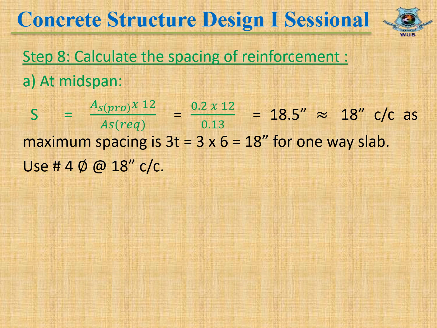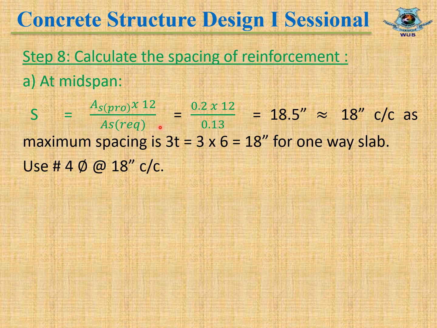Now we need to calculate spacing for steel area. At mid span, steel area equal to 0.13 inch square, and spacing s equal to As provided into 12 divided by As required. In slab, normally number 3 to number 5 bars are used as flexural steel, and here we have provided number 4 bar whose area is 0.20 inch square.